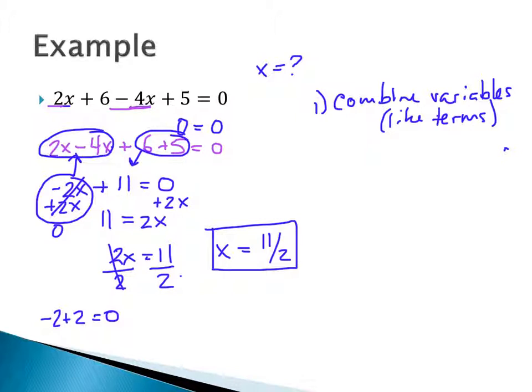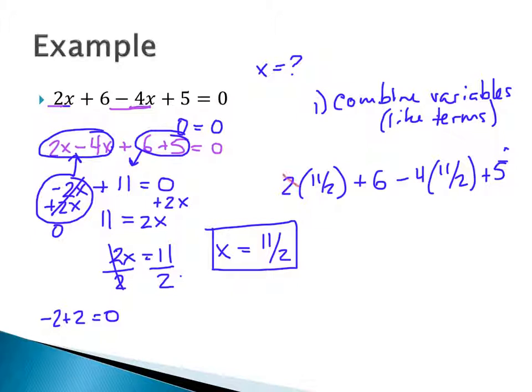Okay, one way to check your solution always is you can take this value and plug it back in. So 2 times 11/2 plus 6 minus 4 times 11/2 plus 5. If I were to check this algebraic expression, we're going to hope that it's going to add up to equal 0. So let's see what we get. Okay, I'm just going to look at fractions. So 2 times 11/2.